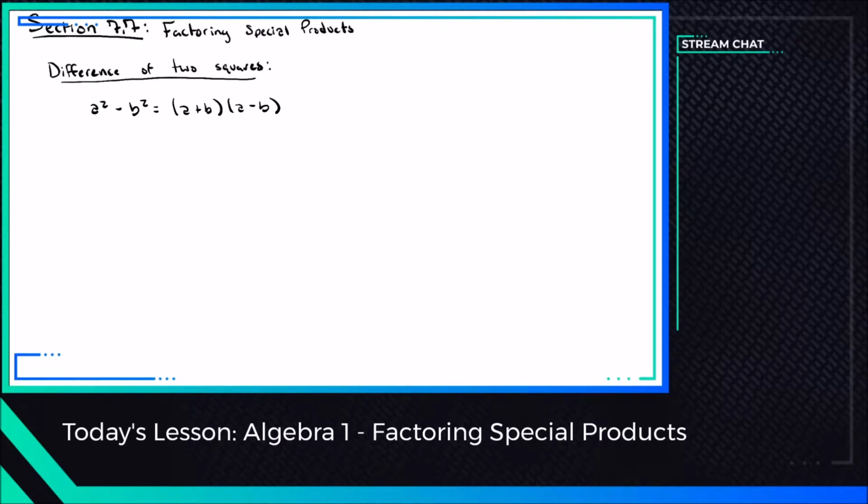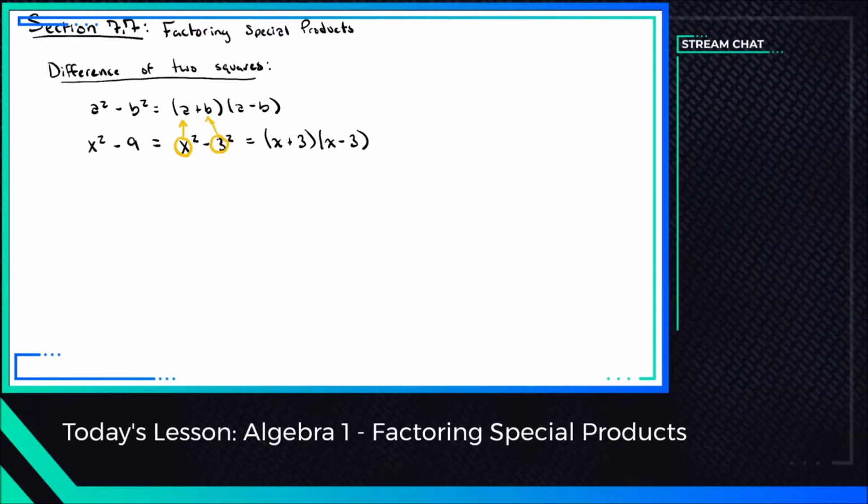So if we threw some numbers in here, say x squared minus 9, that can be broken down into x squared minus 3 squared, because 9 is 3 squared. Then our a is going to be x, our b is going to be 3, and so this is going to be equal to x plus 3 multiplied by x minus 3.